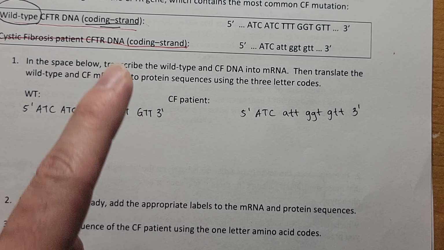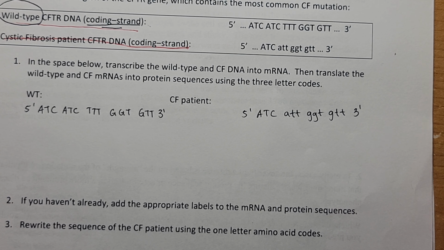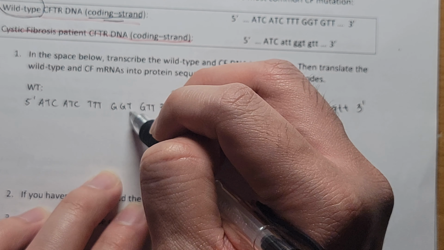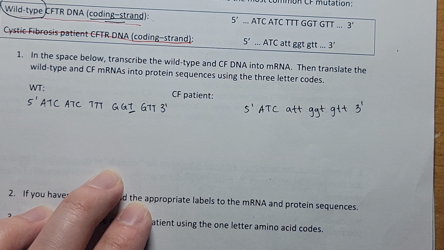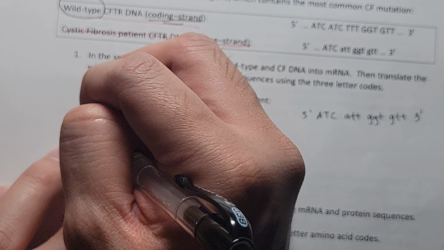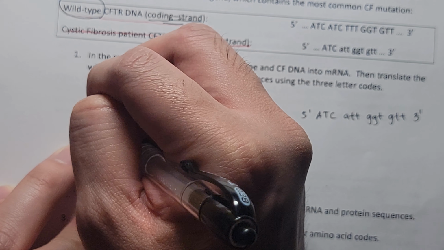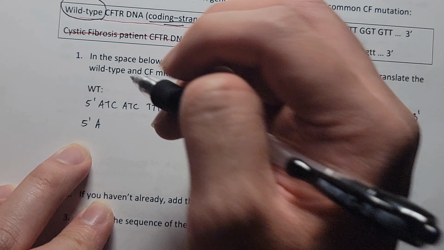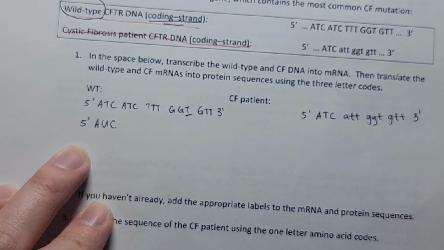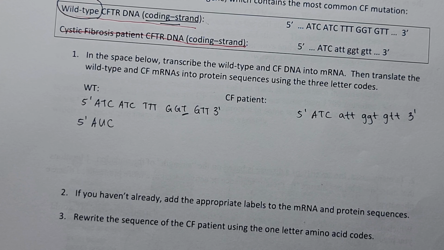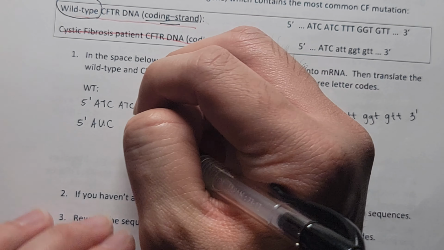Since we are given the coding strand, when I'm writing the mRNA strand, all I have to do is copy it again, except change the T into U. So it's gonna be the same thing. It will also be 5'. And instead of ATC, I'm gonna write AUC because this is the coding strand, and coding strand will look similar to the mRNA strand.